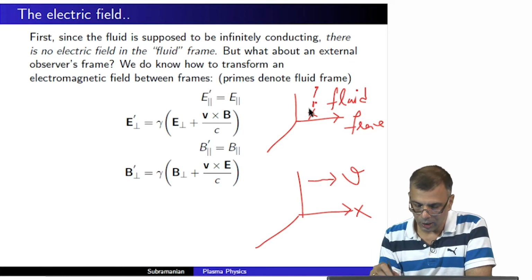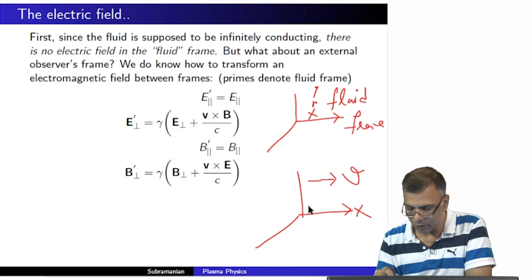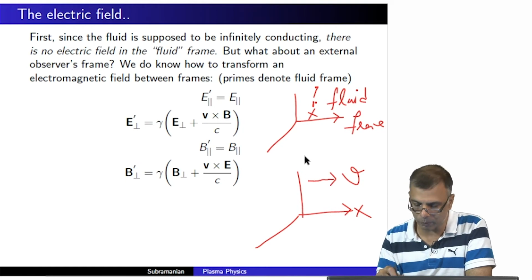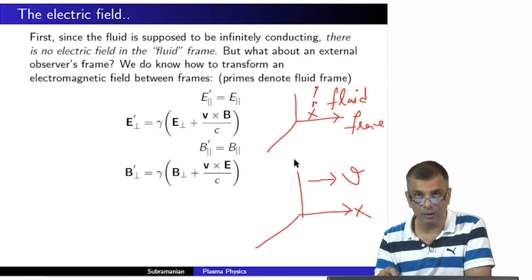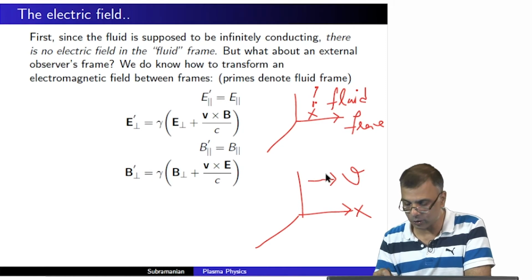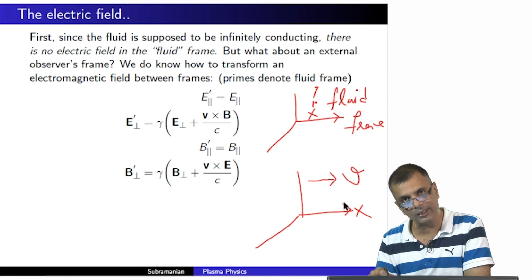So, parallel refers to parallel to v, and perpendicular refers to perpendicular to v. For simplicity, in this particular way of doing things, we have taken v to be parallel to the x axis.